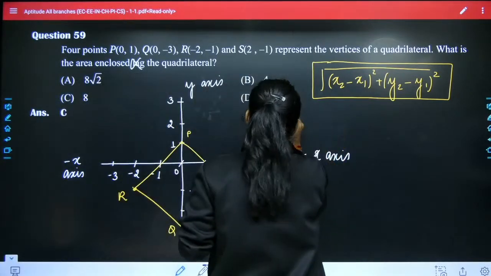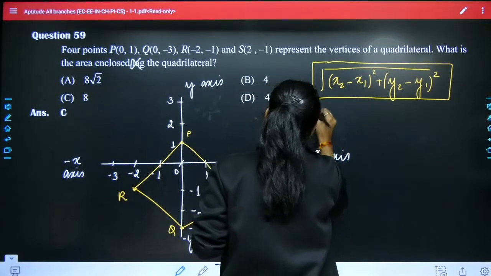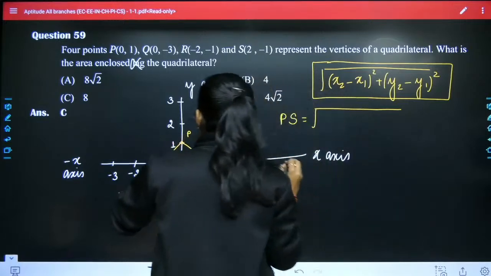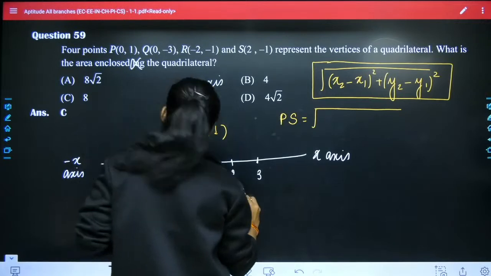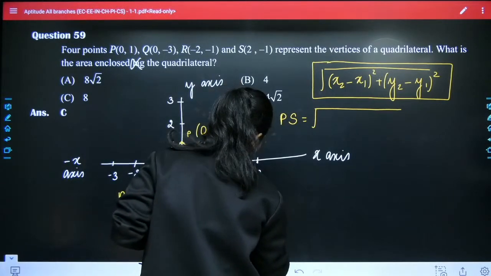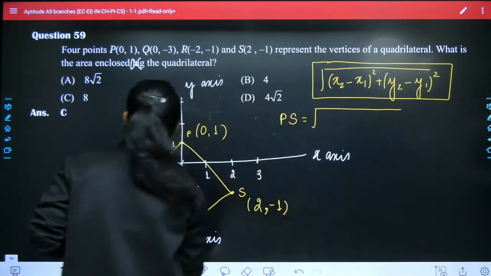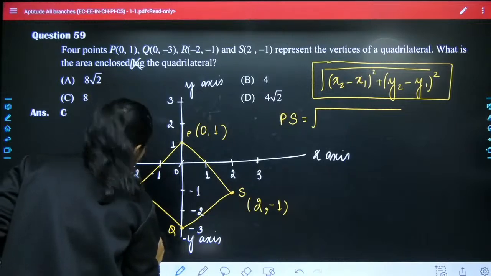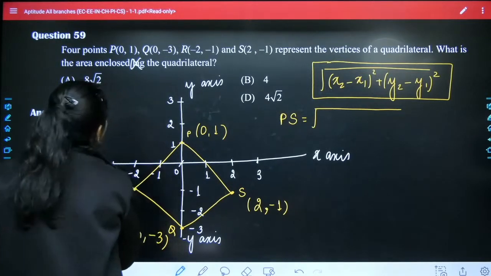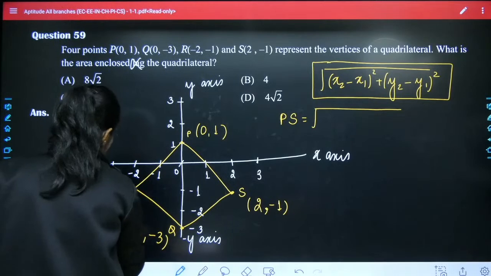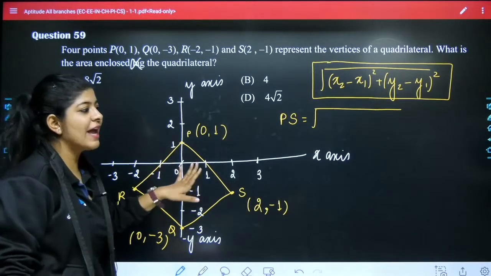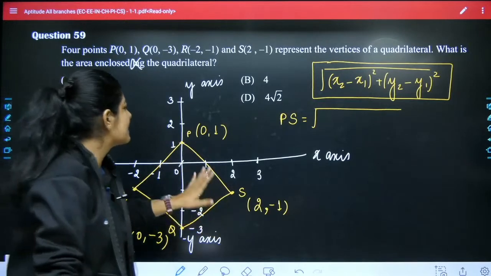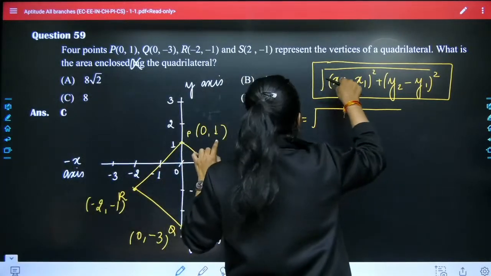Now we have to find out the distance between PS. That means we need to apply this formula.